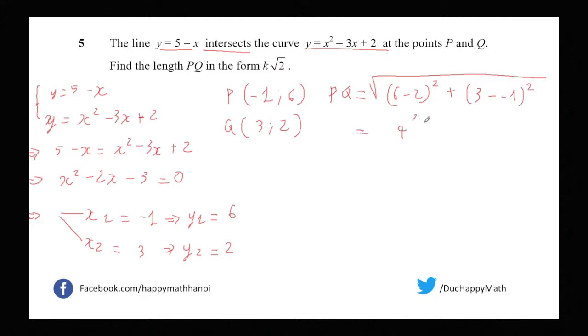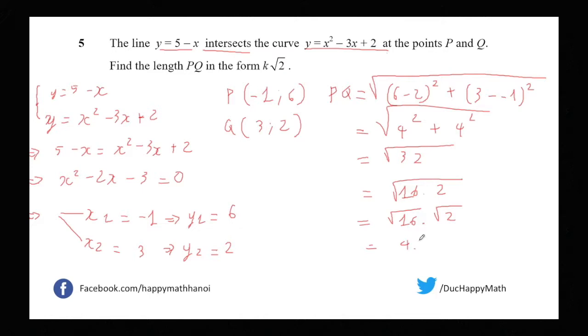So 4 squared plus 4 squared, equal to the square root of 16 times 2, and you will get the square root of 16 first, and the second radical is the square root of 2, and here you get 4 square root of 2. So this form is k square root of 2. This means k equals 4 in this exercise.